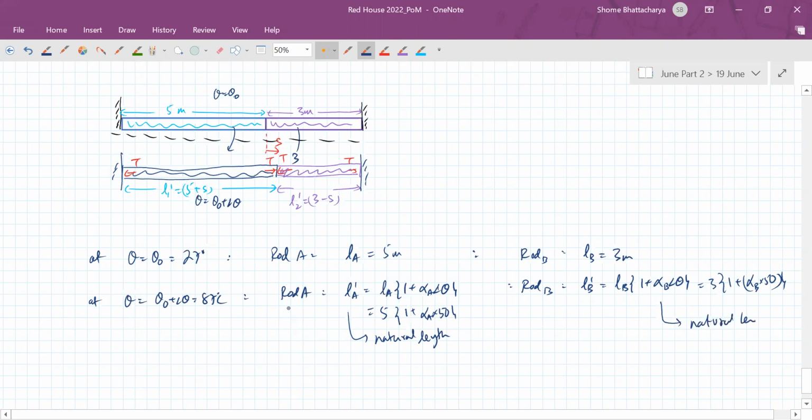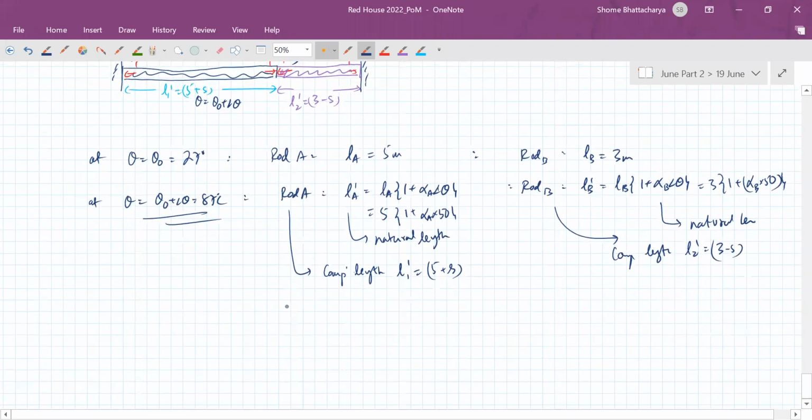But they also have, at this temperature only, the compressed length: L1 prime of 5 plus s for rod A, and for rod B a compressed length of this much. So you can see that at this temperature, the strain that rod A is under is equal to its natural length minus its compressed length divided by its natural length.